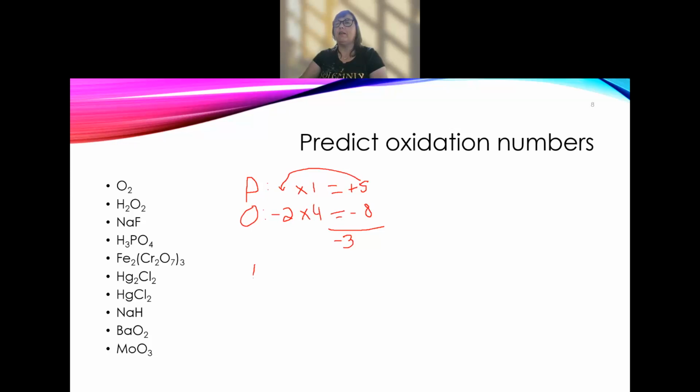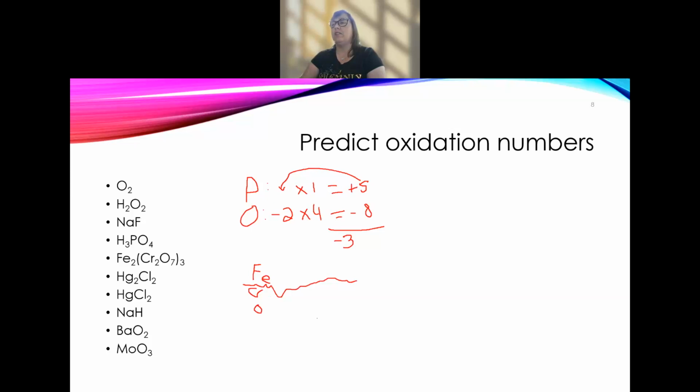Let's talk about our Fe and then our Cr and O. And we're going to talk about these a little bit separately. So we did have a funky looking line. Let's talk about our Cr and our O first. So Cr2O7, there are 3 of them. I happen to know from looking at the polyatomic ions that Cr2O7 is 2-, right?